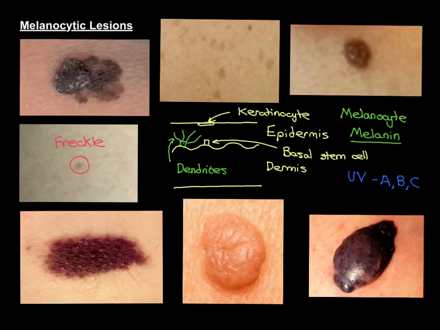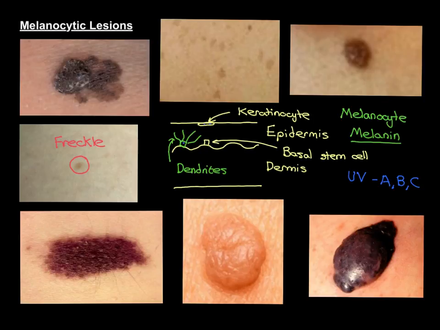This also helps to explain why freckles will become darker with sun exposure. So if someone with a lot of freckles goes out to the beach and is out in the sun all day, what will happen is in the following days they will notice that their freckles have become much darker, and the reason for that is that the melanocytes in the freckles have increased their production of melanin even further because of the exposure to UV radiation when they were on the beach.